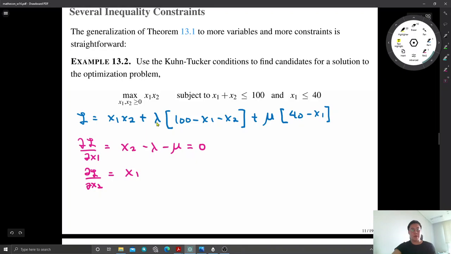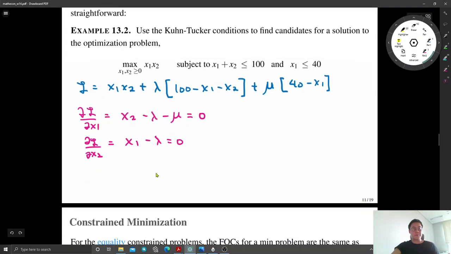So with lambda, that becomes minus lambda. And the last term is independent of x2, so it goes away. So after taking the derivative, we set it equal to 0. All right, then we have two equations.